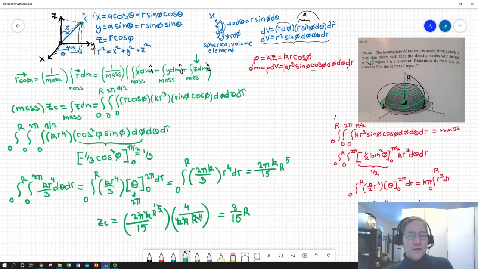Go ahead and reference, a good reference if you've forgotten how to do this. Pull up any calculus book or an online calculus tutorial and look for spherical coordinates, triple integrals. You'll find this graph showing phi, r, and theta, and it's pretty easy to use some simple trig at that point to create these expressions.